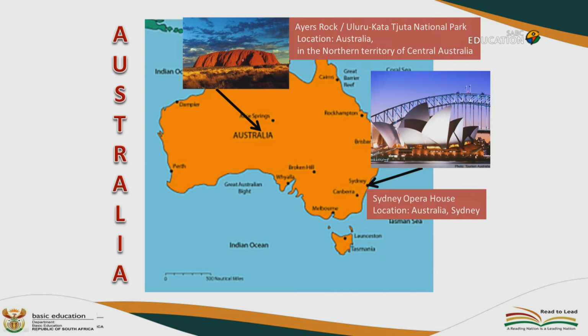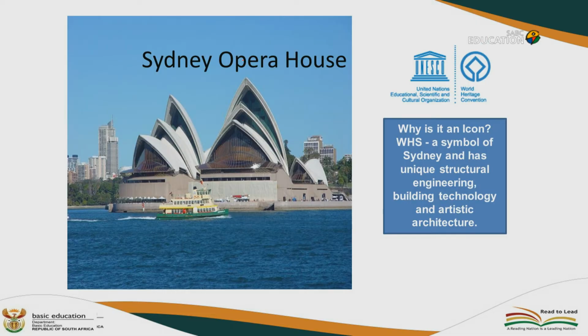Let us recap what we have learned about these 2 icons. Check the Sydney Opera House, how it is built. Please check, and tell me how you can explain this type of building. Some say they are made of pages, like roofs.